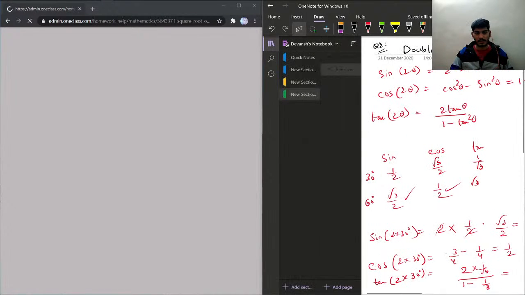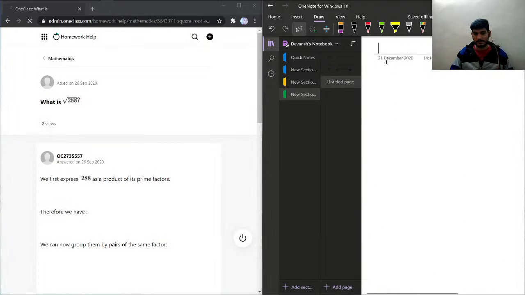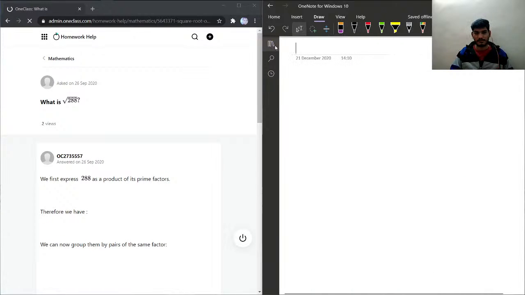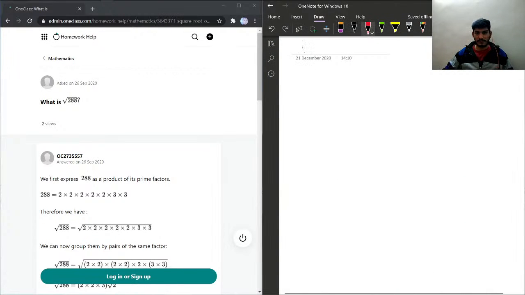Question number 3. We need to find the square root of 288. So first I'll do the prime factorization, because we need to divide this 288 into prime factors.